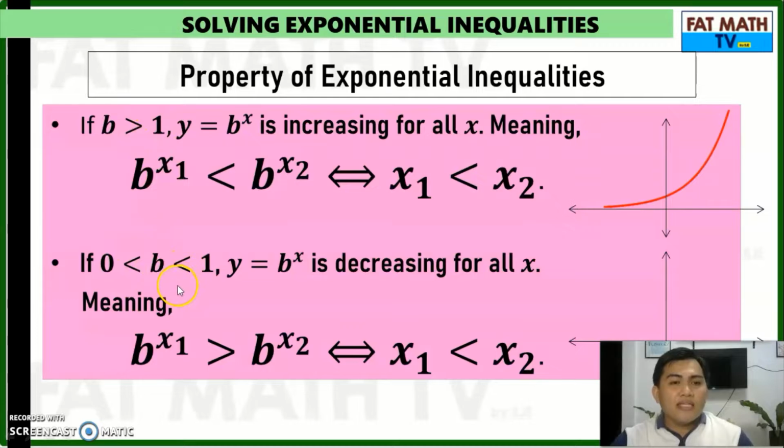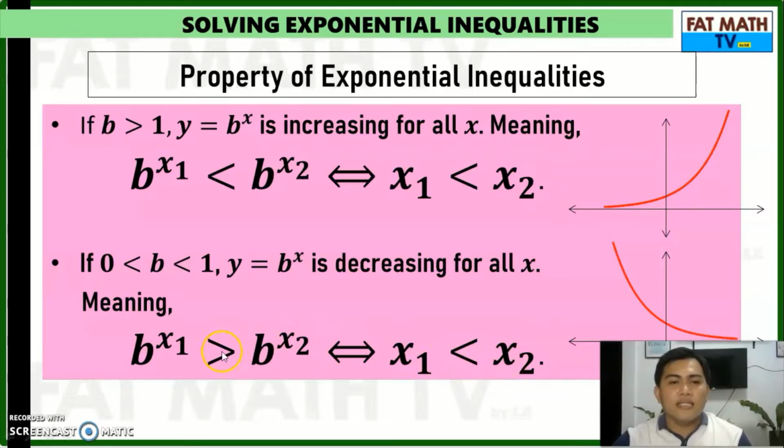But if b is less than 1 but greater than 0, then because of the decreasing behavior of y equals b raised to x, we will have b raised to x sub 1 greater than b raised to x sub 2 if and only if x sub 1 is less than x sub 2.